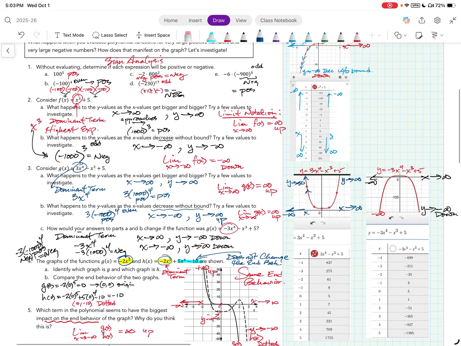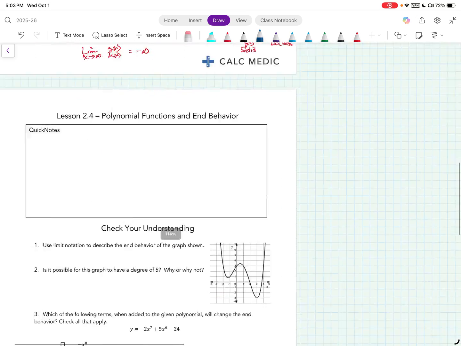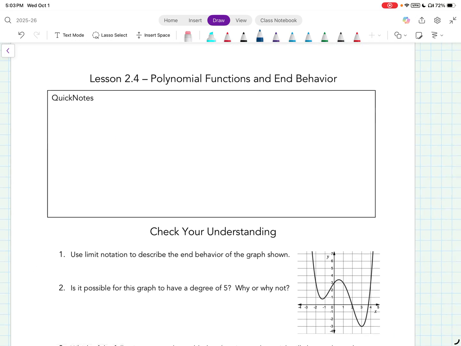Okay? All right, so there are some possibilities here. So let's go ahead and record some of the possibilities. I'm going to divide up these quick notes into 4 sectors. And so let's take a look at the 4 cases. Let's take a look at the lead coefficient first.